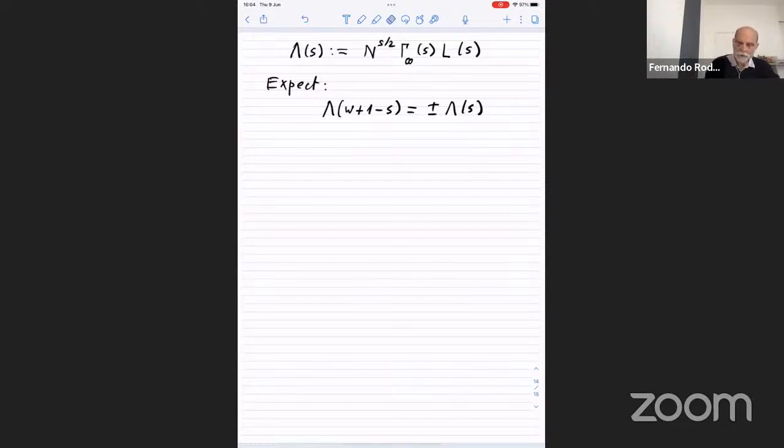So w here is a non-negative integer called the weight of this motive H. And it appears both in the L function in the presumed functional equation, but also in the nature of this Euler factor.